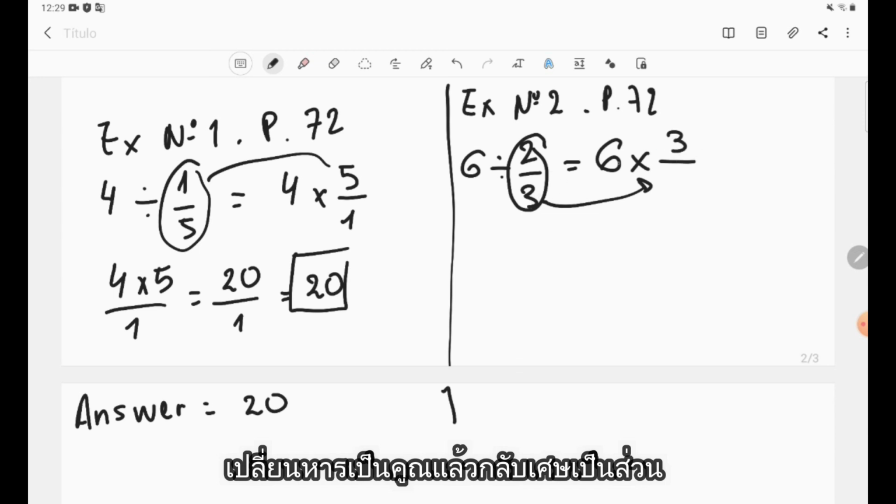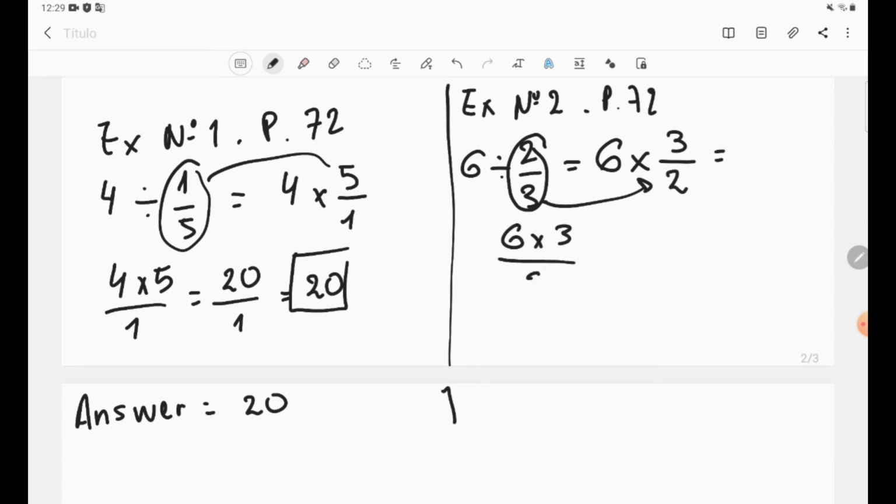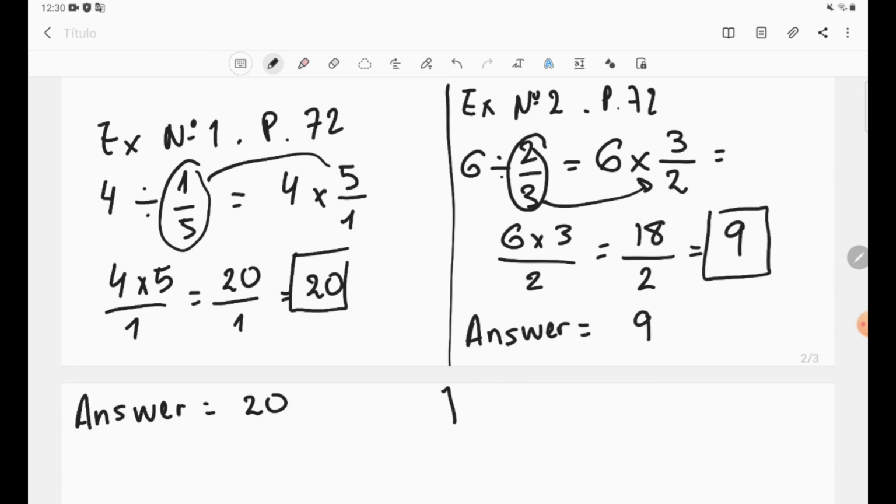Number 2 is the numerator, it goes to the denominator. So 6 multiplied by 3/2: 6 multiplied by 3 equals 18 over 2, which equals 18 divided by 2 equals 9. So 9 is the final answer. We can write it down here: answer is 9.